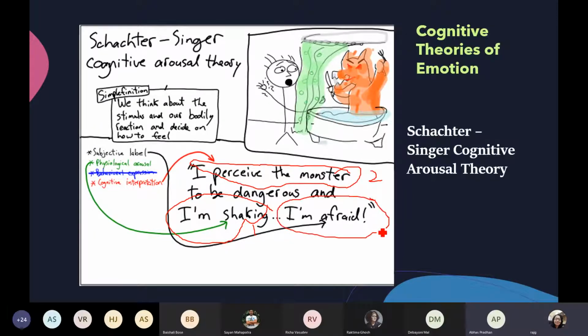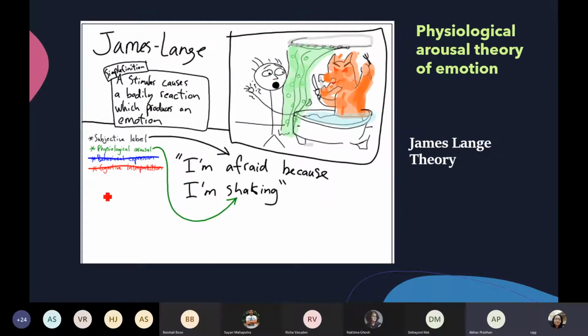So just to give you another example, you are running and you are having an increased heartbeat. So that's the physiological arousal. Increased heartbeat does not always mean that you will feel afraid. James Lange's theory, which said that it's just an interpretation of the physiological arousal, would say that increased heartbeat would mean afraid.